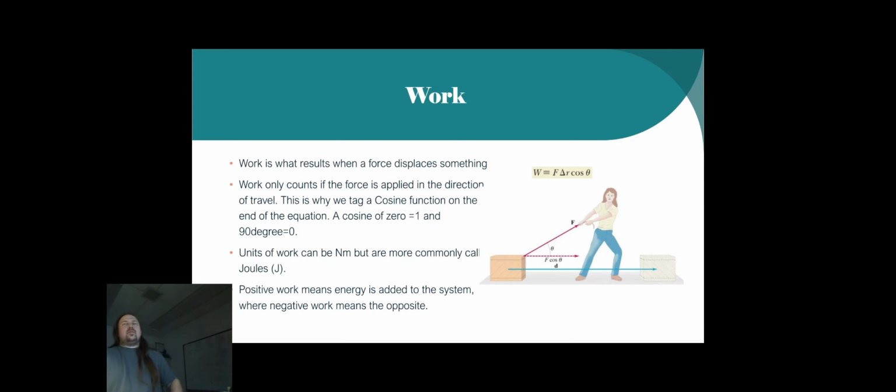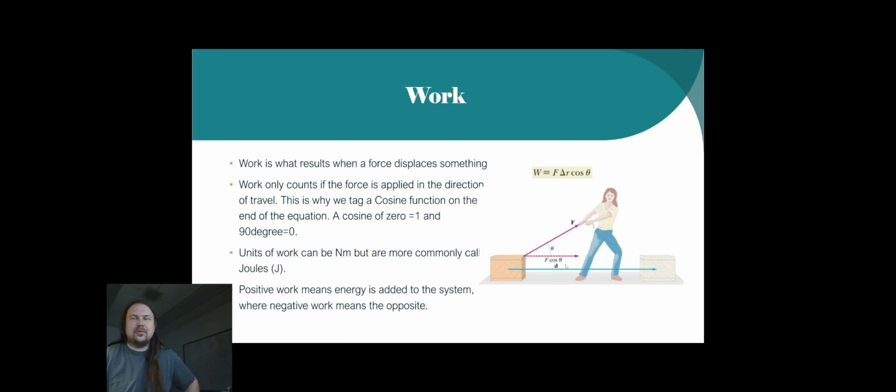Okay, so there are some caveats about work here. It only counts if the force is applied in the direction of travel. Okay, that should make intuitive sense. For instance, here we have this person pulling this box. You can see that there is a component of the force in the direction of the box's travel, right?